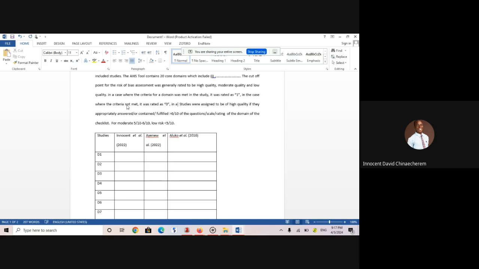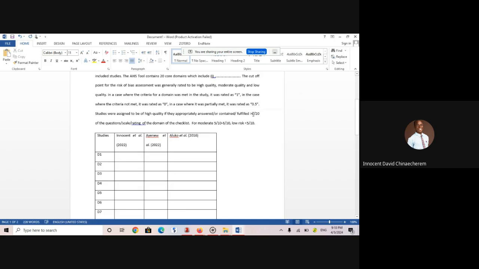Now, in a case where it was partially met, it was rated as 0.5, for example. Before, we said studies were assigned high quality if they fulfilled greater than 6/10, that's the overall total rating. Here now it is going to be over 20. So you choose your cutoff point.